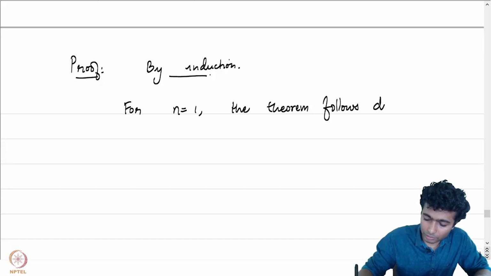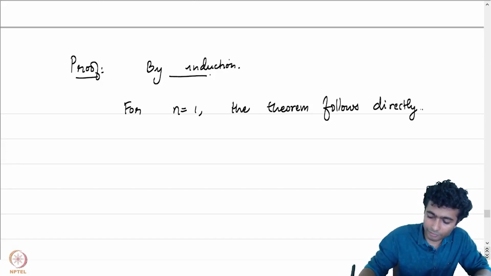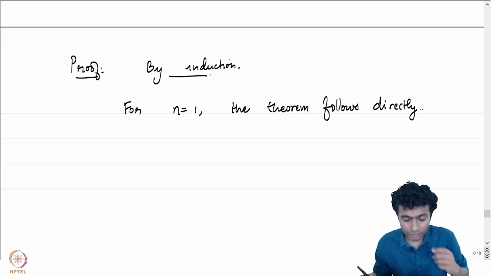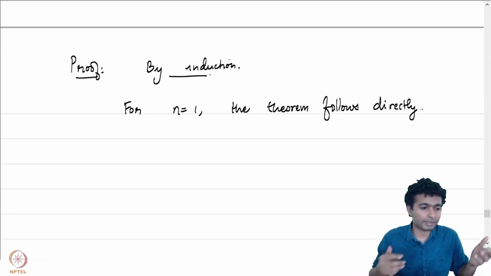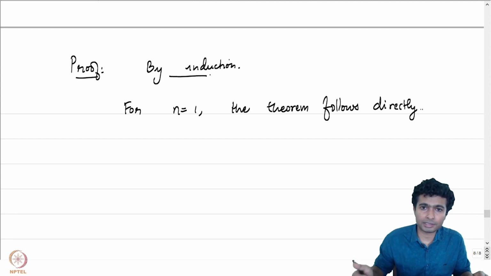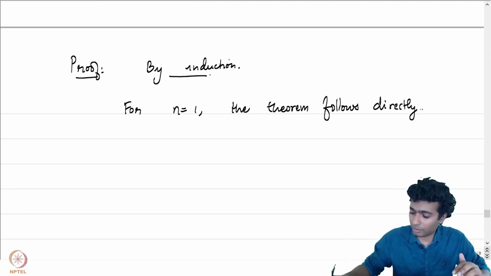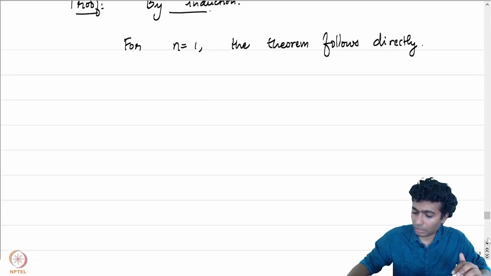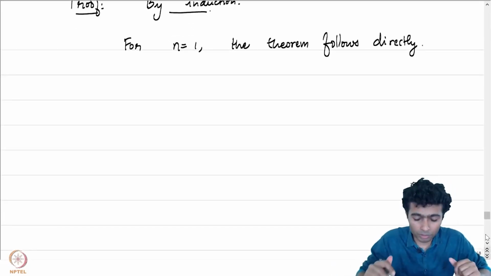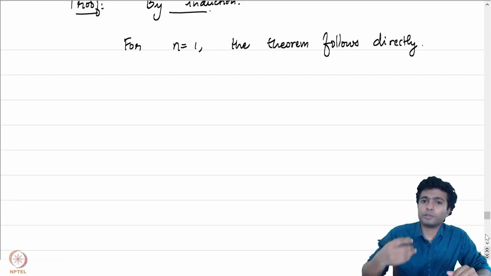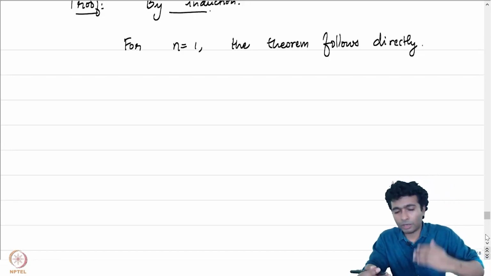It follows directly because it's almost already in the form that we want. It will be something of the type az plus b. You can write it as a times (z minus (minus b by a)), and that will be our polynomial in the form that we want. Let us assume that the result has been proved for up to n minus 1.